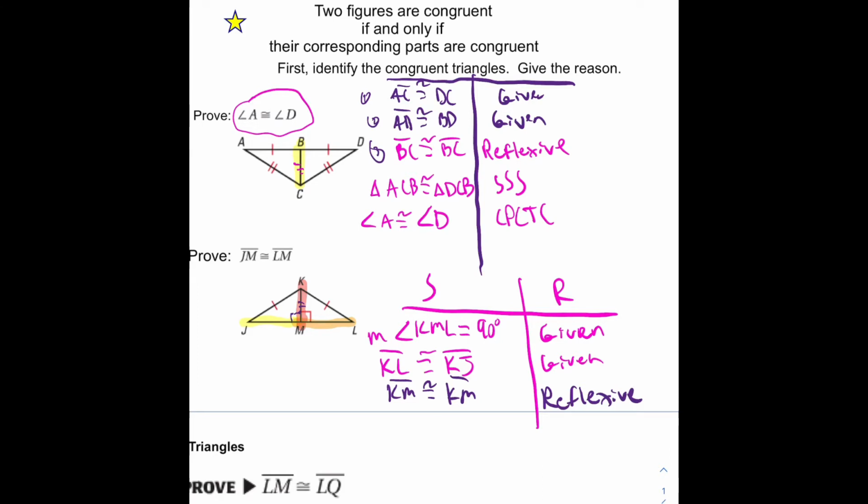And again, that's just the definition of a right angle, because if it intersects at a right angle on the right side, it has to intersect at a right angle on the left side. So I'm going to say the measure of angle KMJ is equal to 90 degrees. That is, let's just call it the definition of a right angle.